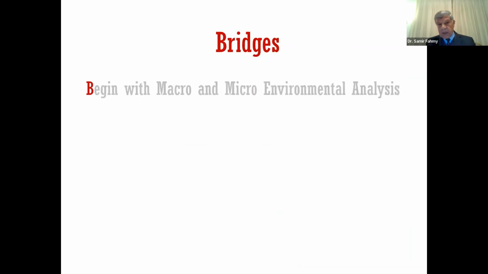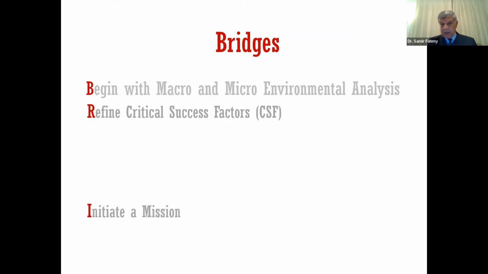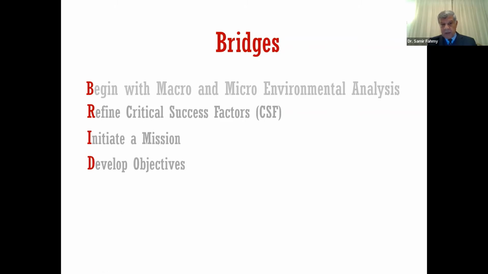So back to our steps: as we said, beginning with macro and micro, refine critical success factor, initiate a mission, develop objectives, and now we reach strategies. Once you develop the objective, it is what you really need to accomplish or to achieve.